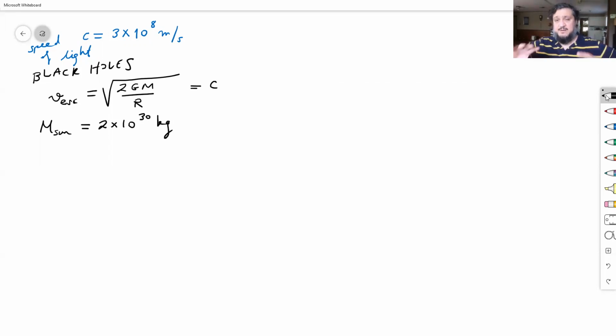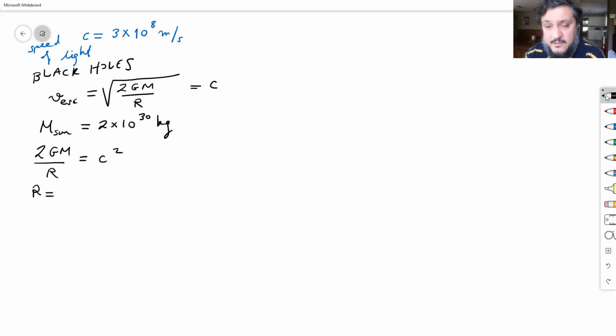So if I were able to squeeze the sun to a smaller size, what should be the size so that the sun acts like a black hole? That's, at least, the classical way of solving this problem. So 2GM over R would be equal to c squared.